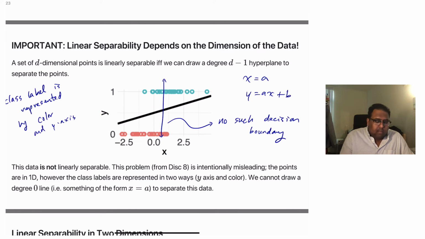And part of the problem with this question is that the plot is misleading, okay, because we're showing the class label in two different ways, both with the height, with 0 and 1, but also with the color, with the reds and the blues.